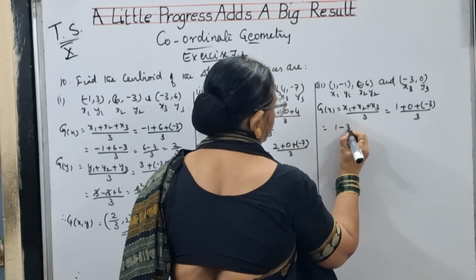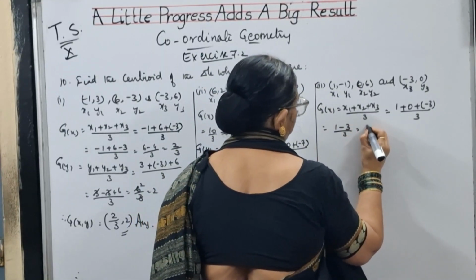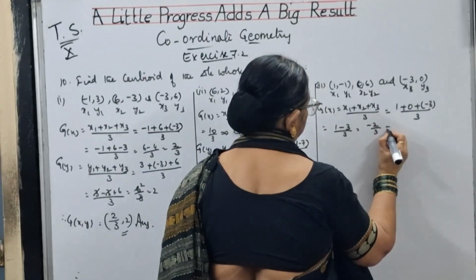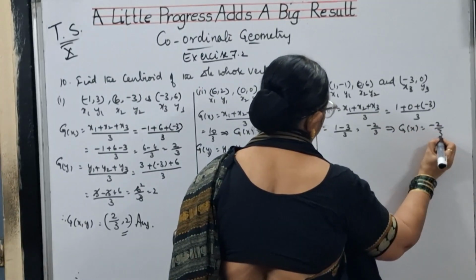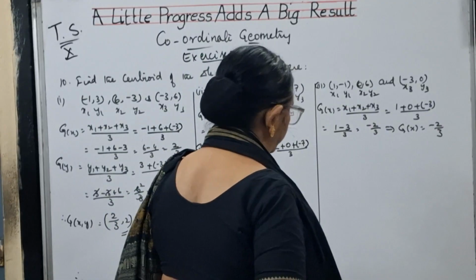That is 1 minus 3 by 3, that is minus 2 by 3. This implies g of x is equal to minus 2 by 3.